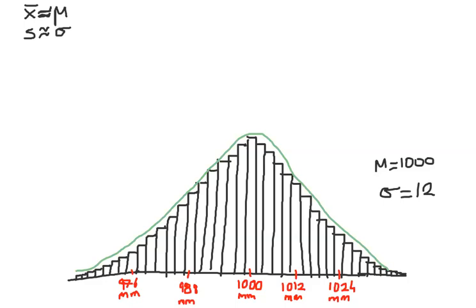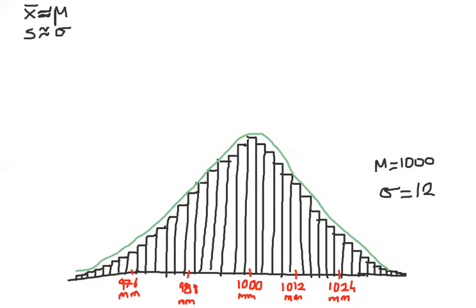So if we have the X bar, which is the average length of the 36 pieces in our sample, say 998 millimeters. So we picked 36 samples from our population, and we got the average value of 998 millimeters.